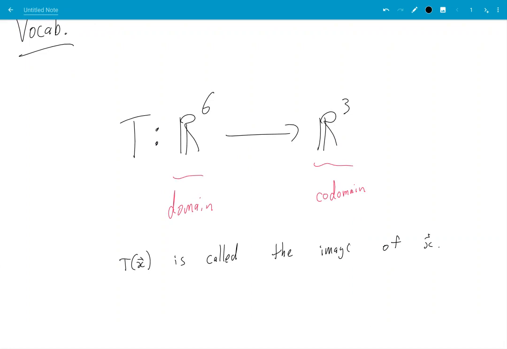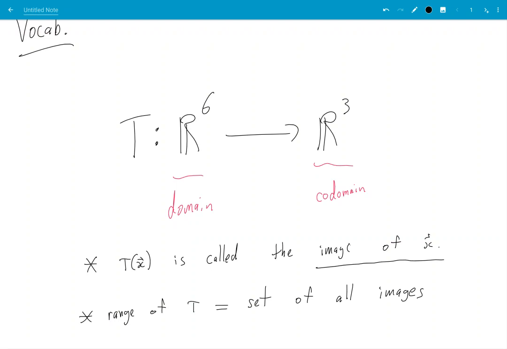And then, star, we'll say the range of T is equal to the set of all images, T of x. Should underline that.